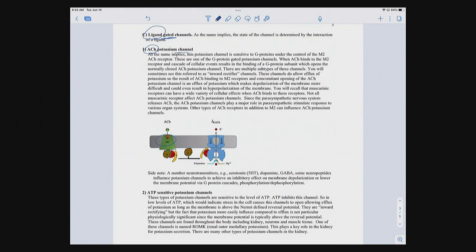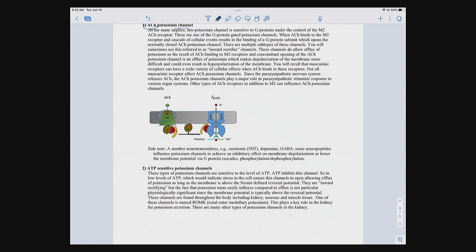So what you have here, and the cartoon pretty much lays it out for you, is acetylcholine binding to an M2, and that is going to effect a cascade of events involving G proteins, as we see here. Some of the G protein subunits then will bind to a potassium channel, and when it binds to the potassium channel, it will cause that potassium channel to open up, allowing then efflux of potassium through it.